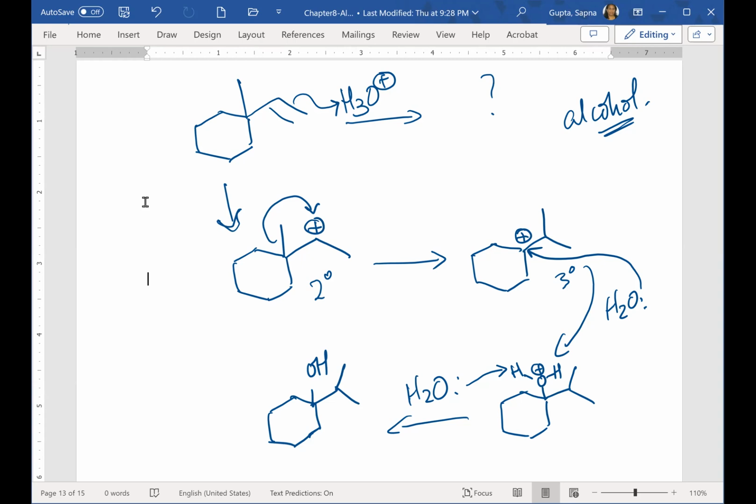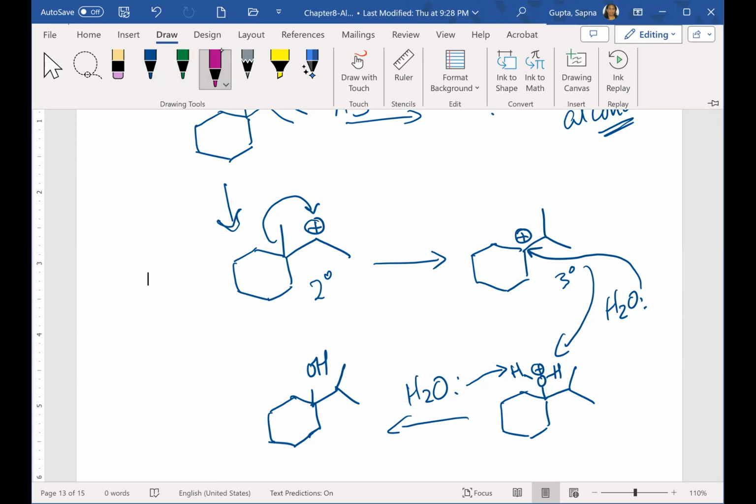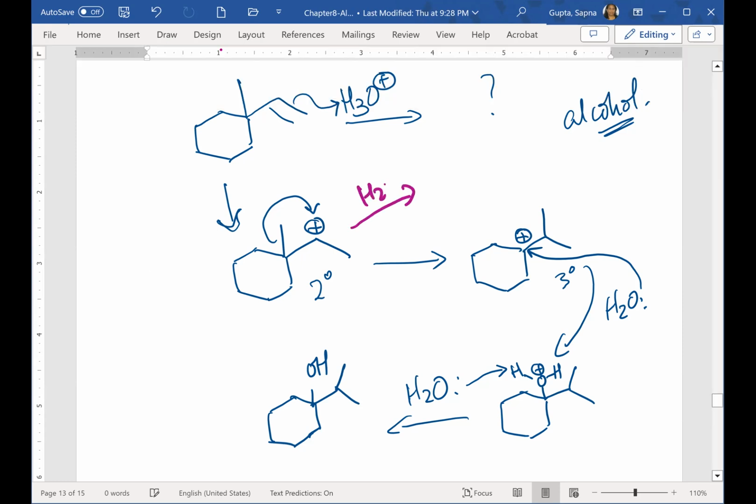If any one of you think that you will get this kind of product where this will add to water, and I'm writing multiple steps here, if you think that this is the alcohol you will get, you will actually not get that at all, because the rearrangement is possible in order to give you the tertiary alcohol. So a secondary alcohol is never going to form in this case.